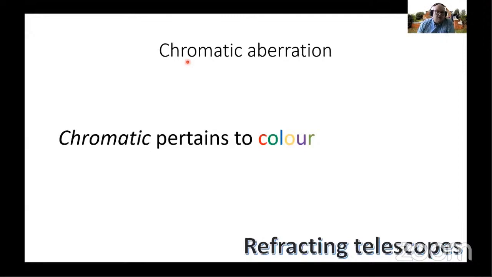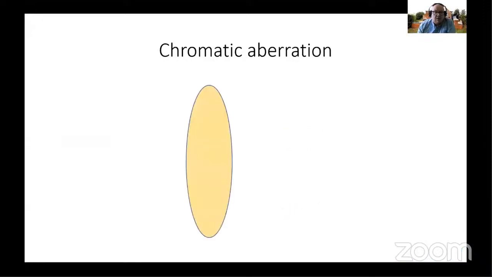So chromatic aberration, and this does relate to color. It's mostly a problem with refracting telescopes, and so here we've got a simple lens in cross section.